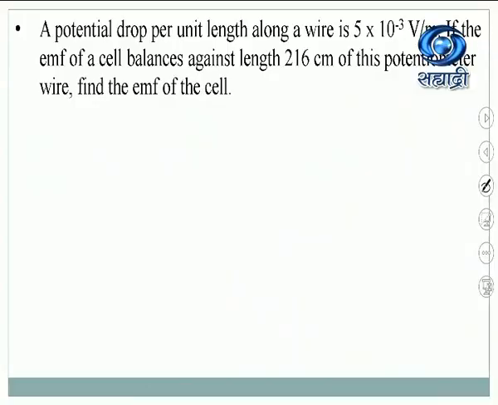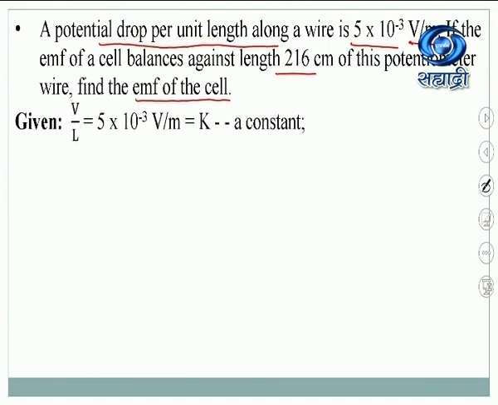We shall solve one numerical on the principle of the potentiometer. See what is given. A potential drop per unit length along a wire is 5 into 10 raised to minus 3 volt per meter. If the EMF of a cell balances against the length 216 centimeter of this potentiometer wire, find the EMF of the cell.